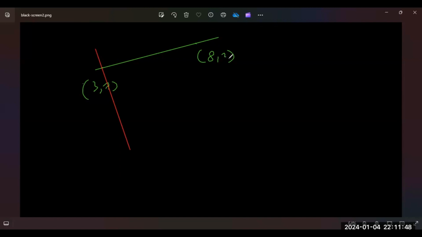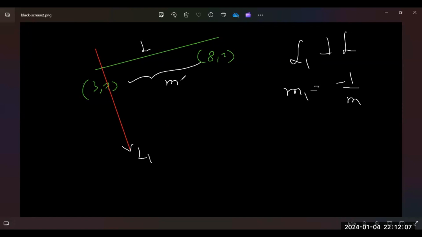Let me help you out. So it will be the equation of a line which is perpendicular to this. First of all, this line is called L1 and this is L. L1 is perpendicular to L, which means the slope of this one will be minus 1 by the slope of M. First, let's calculate the slope of M. What will it be? 2 minus 7 divided by 8 minus 3.